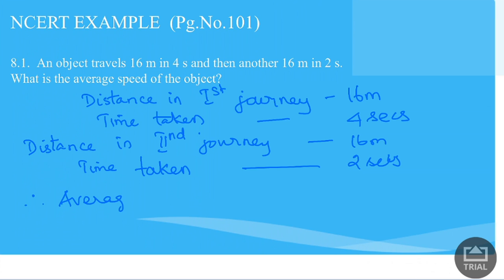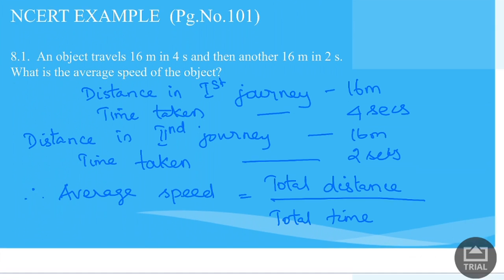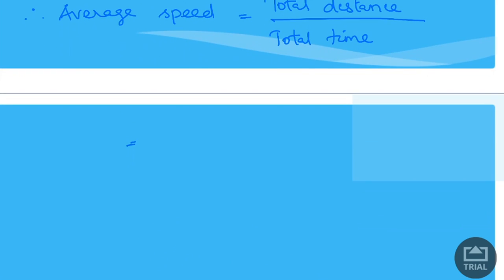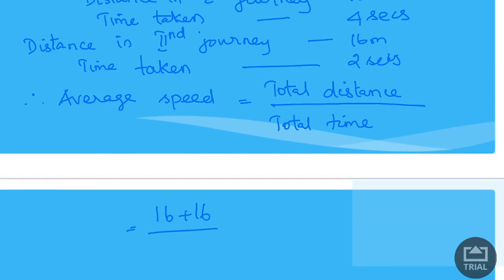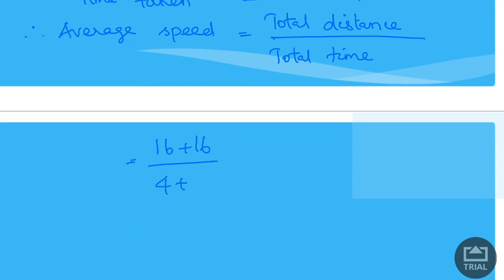Therefore, average speed is equal to total distance by total time taken. Total distance is 16 plus 16 divided by 4 plus 2.